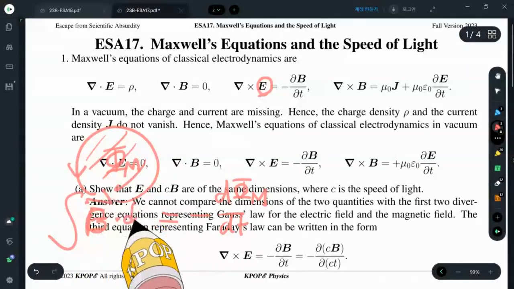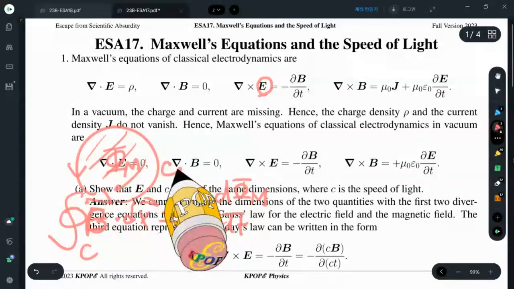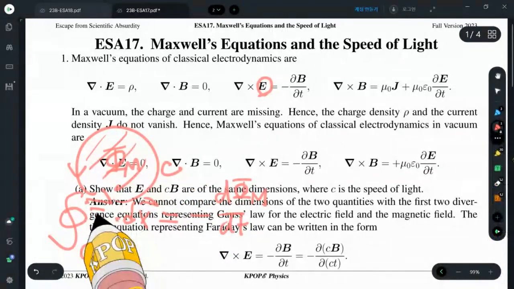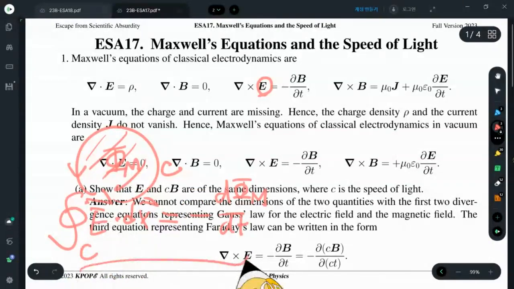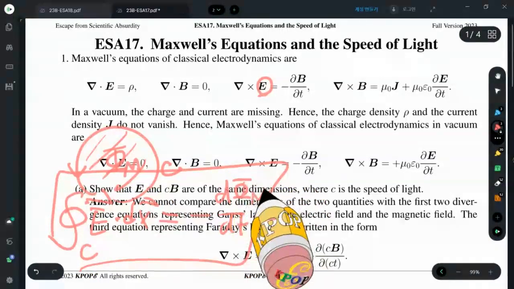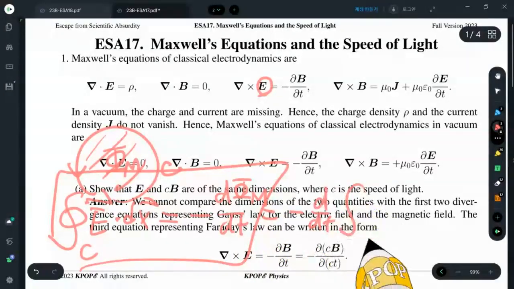electric field integrated over a closed path C. This is E, is like that. And this one, this is magnetic flux. So we have a time derivative integrated over a surface.